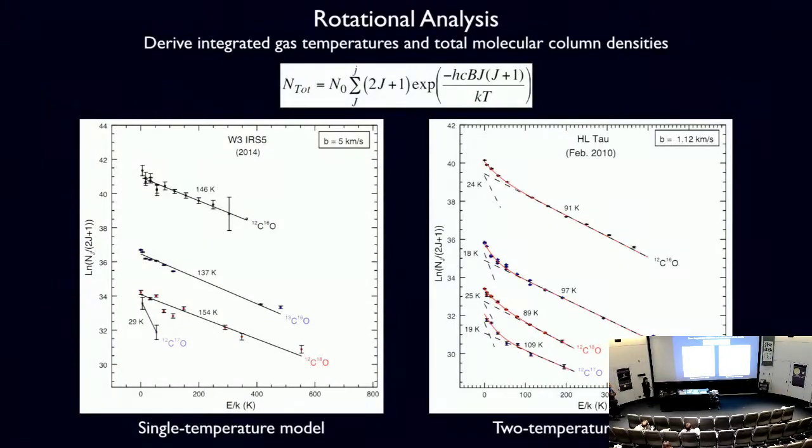No, because I don't fully understand, I have to think about your question. In this case, we're only looking at rotational transitions, from HITRAN, and they're all in the same vibrational transition, so we don't consider that.